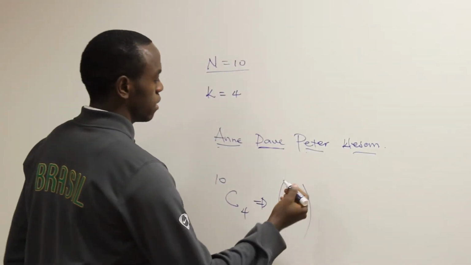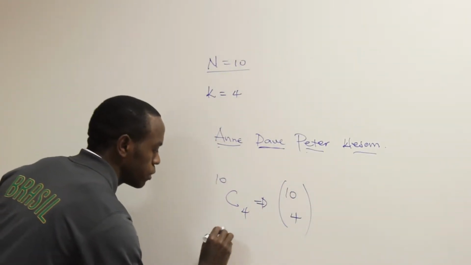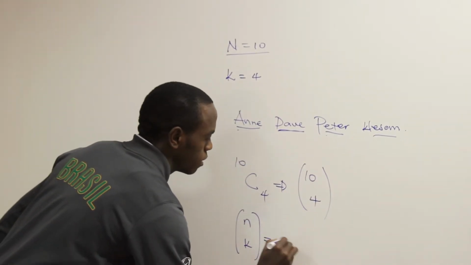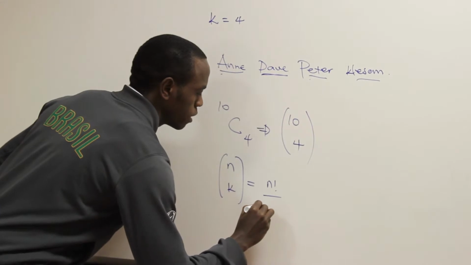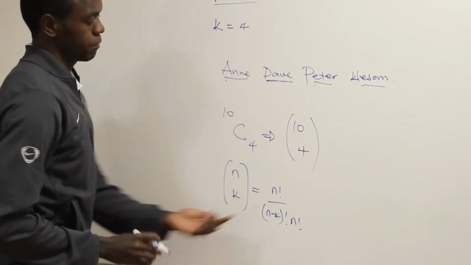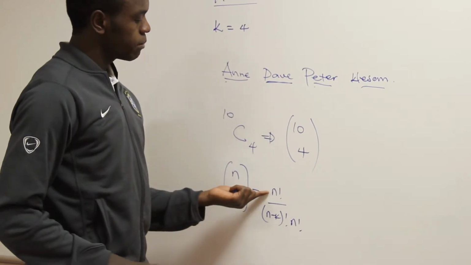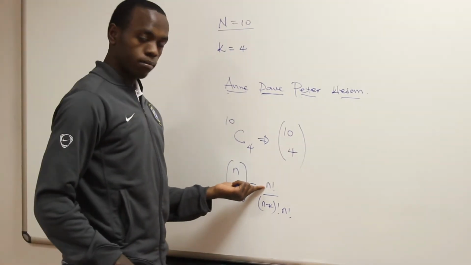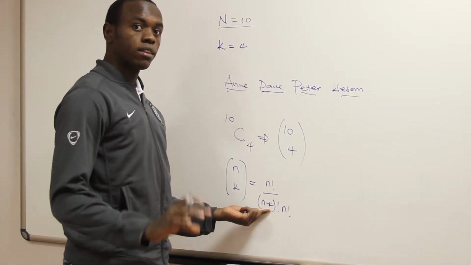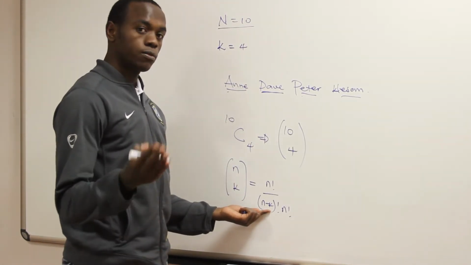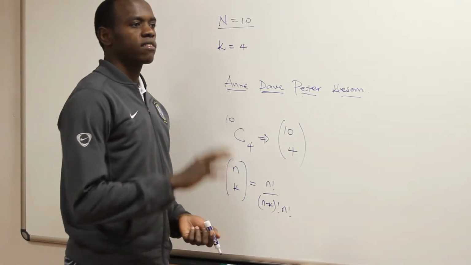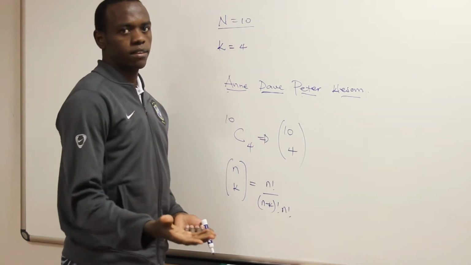So the general formula would be written as n choose k, which is n factorial over n minus k factorial times k factorial. So n is our total number of people we're choosing from, which is 10, k is the total number of people wanted in each subcommittee, and that is 4, and then n minus k is basically giving us the people we don't want to choose, that is 6.